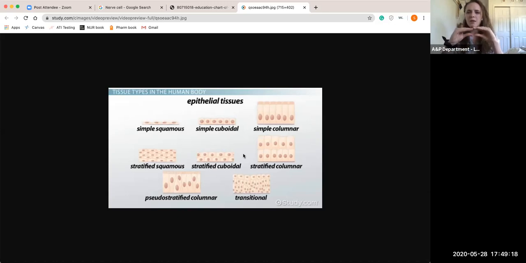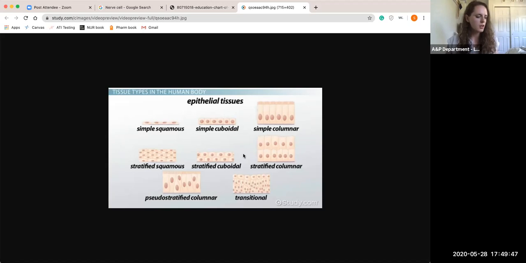If you fill it up, it will be able to flatten out and get bigger. So transitional epithelium allows for distension. That's the word I want you to know on this one. Since it flattens out, it's able to stretch and distend. The only place you're going to find this one is in your bladder.